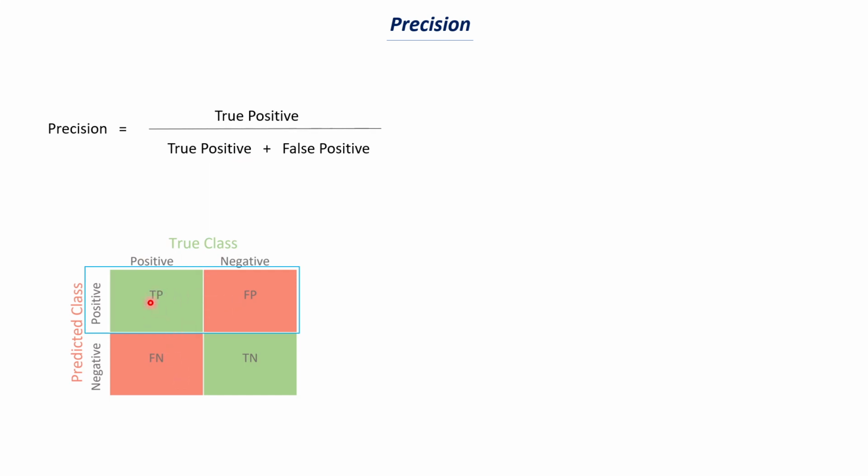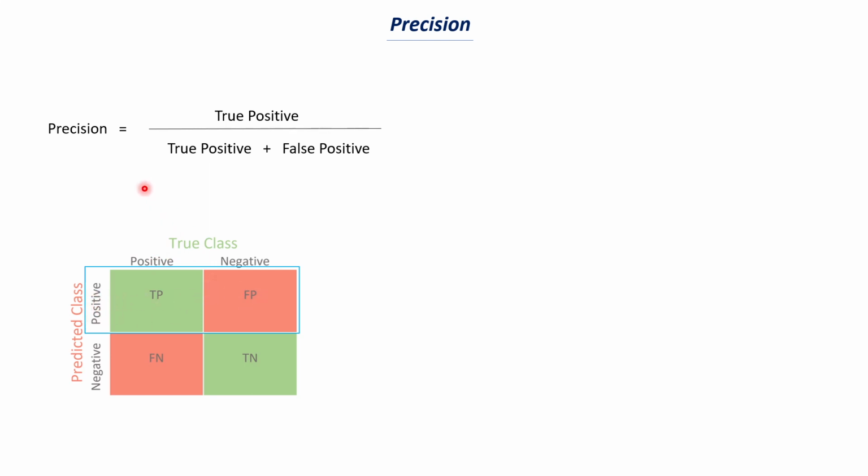If you look at this, these two things mean the data points that are predicted positive by my model. This is my predicted class, and in this case the predicted class is positive, as you can see, and these are the positive values that are correct. Here the actual label, which is positive, matches the predicted value, positive. And these are the labels that are predicted as positive, but are actually negative.